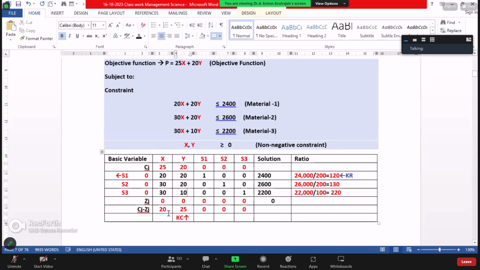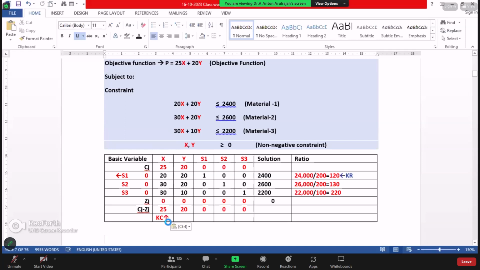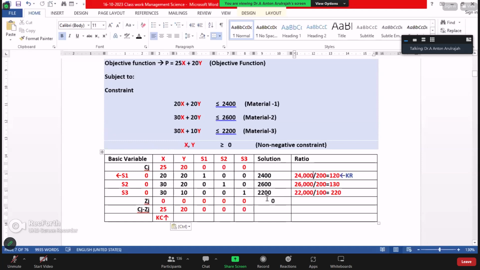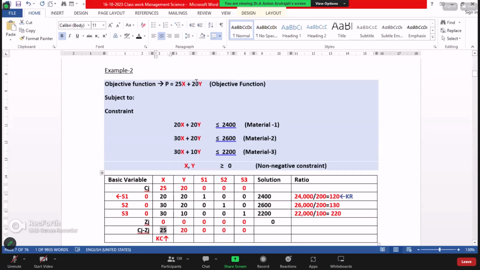Okay, then in the first table, from the Cj minus Zj, changes will be there, right? For the key column selection, we have to select the largest positive one, that is 25. They have changed the positive item because product one is 25, now product two is 20.